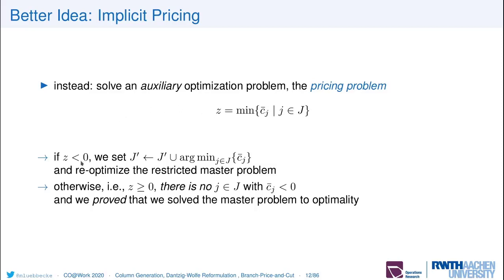And when this is negative, what I know then is that this optimization problem produced a variable with negative reduced cost. So I would add that variable to my restricted master problem and re-optimize it. Otherwise, when the minimum, so the smallest reduced cost of any variable, is non-negative, then I know there is no variable of negative reduced cost, and that would prove optimality of the master problem. Okay, this is what we would like to achieve.